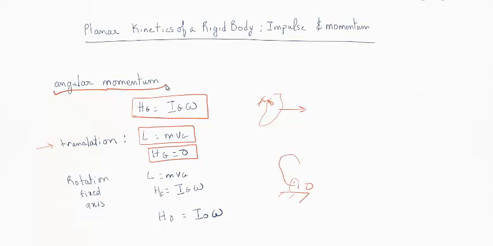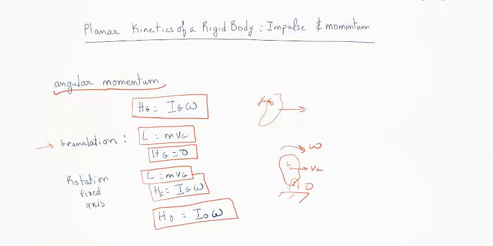Say this is O, this is the body, and it's rotating. We have the linear momentum, L equals mvG, still the same. This is G, vG. And the angular momentum, HG equals IG omega, and HO equals IO omega.